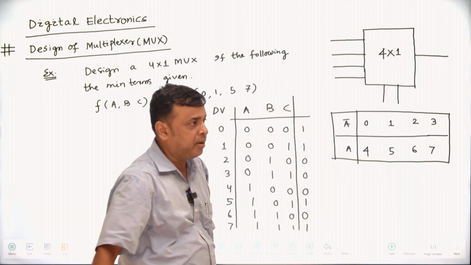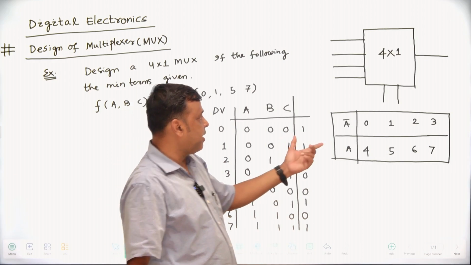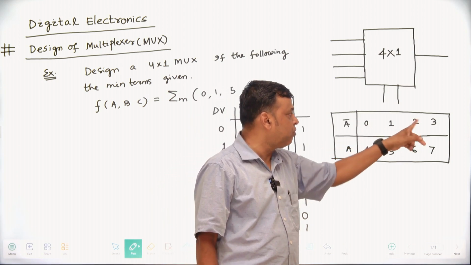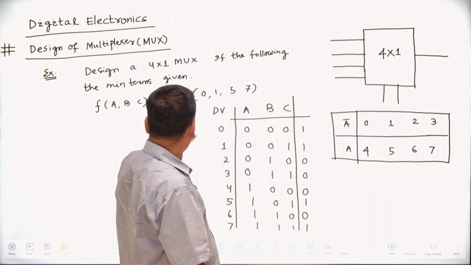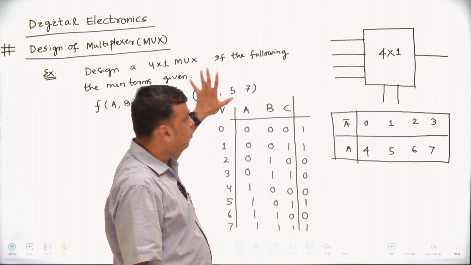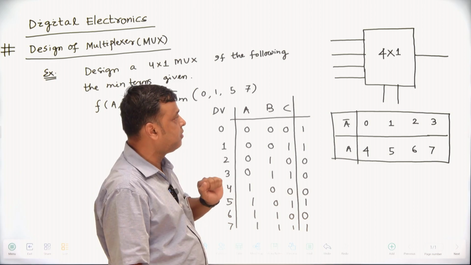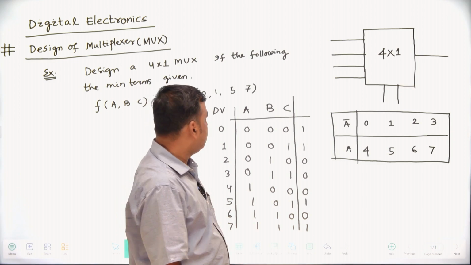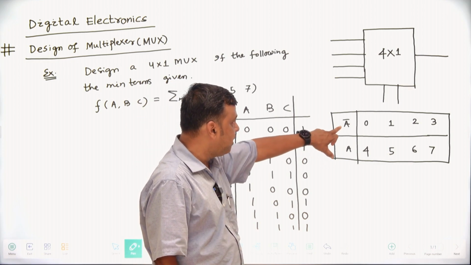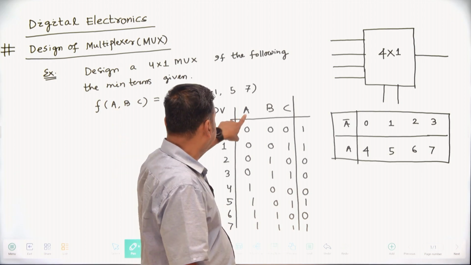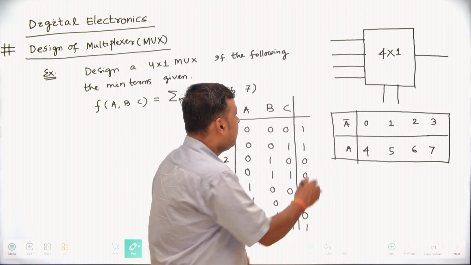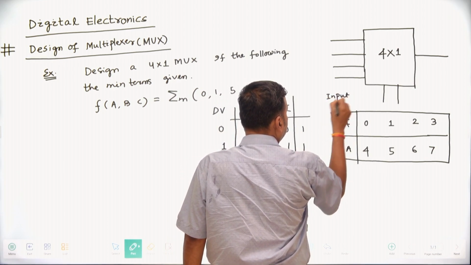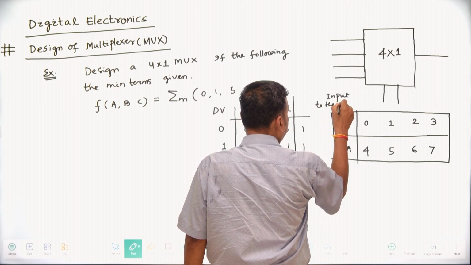First of all, understand why I am writing A bar, A, and 0 to 7. If there are three variables and the question asks to design a 4:1 MUX, there must be 4 input lines and 1 output line. So out of 3 variables, I am taking A, the MSB, as the input to the multiplexer.